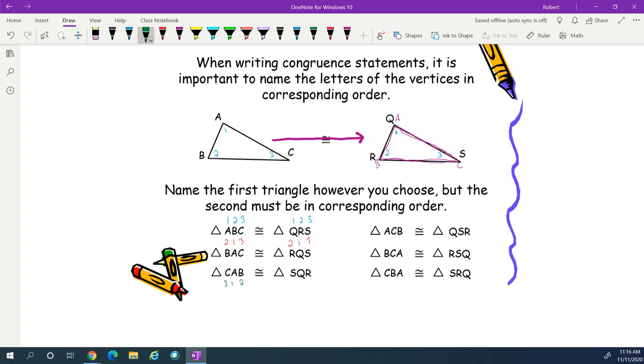Vertex 3 was S. Vertex 1 was at Q, and vertex 2 was at R. So the first triangle, however I want, but the second triangle has to be in corresponding order. And numbering the angles 1, 2, and 3 is a nice, easy way to do it. Let's look at a few more examples.